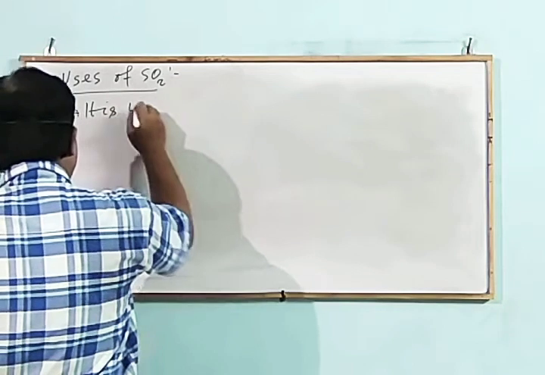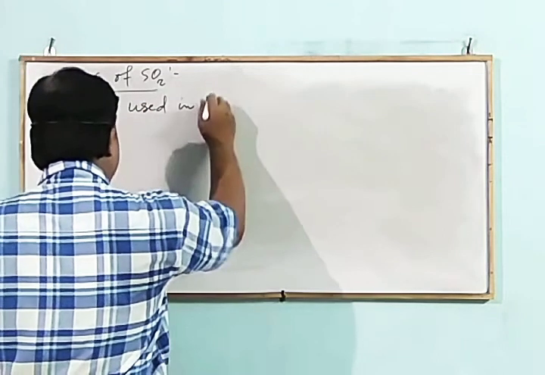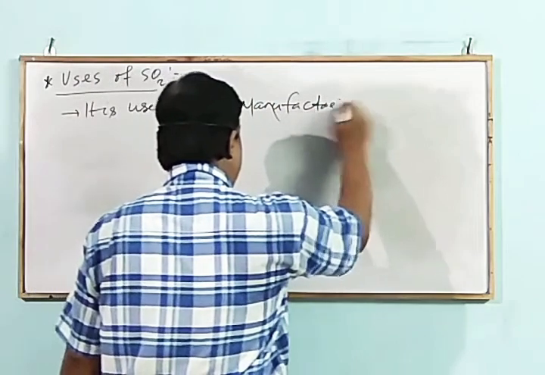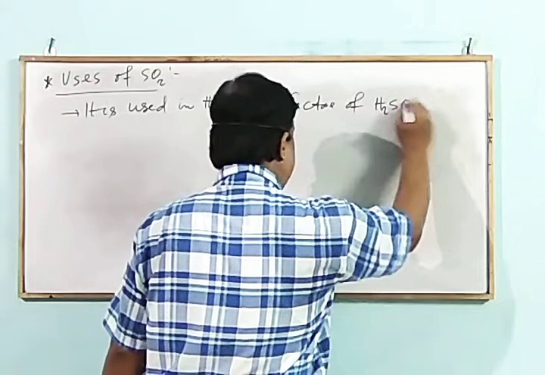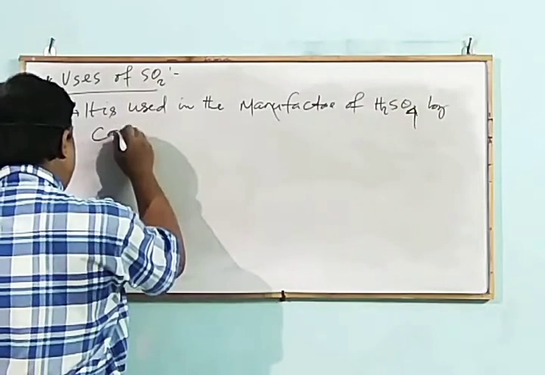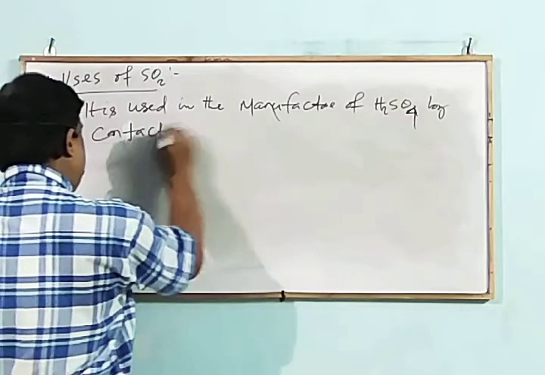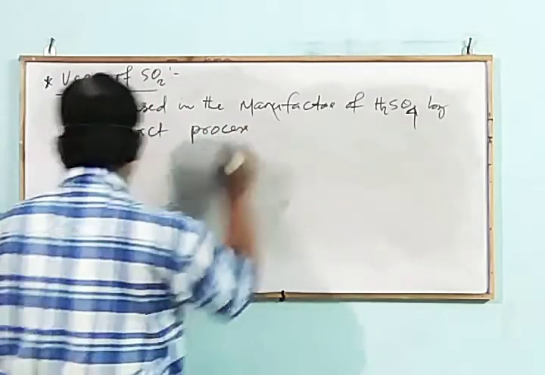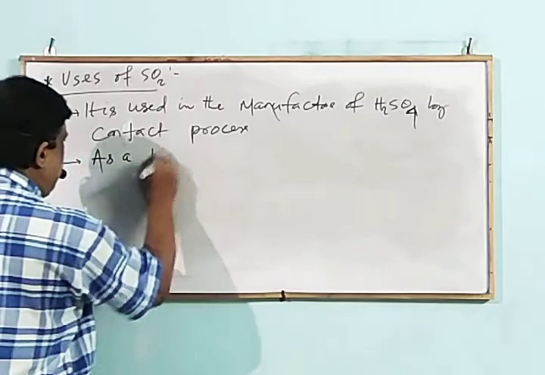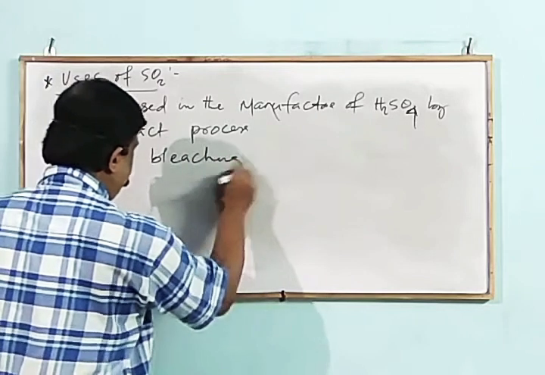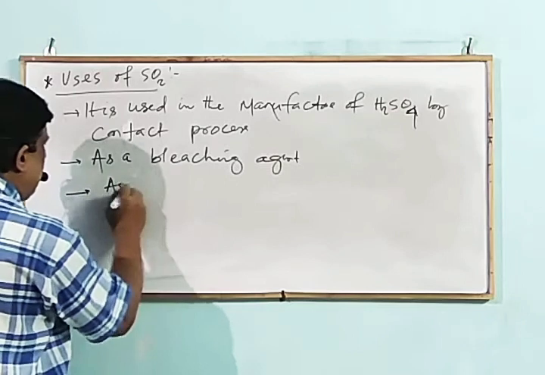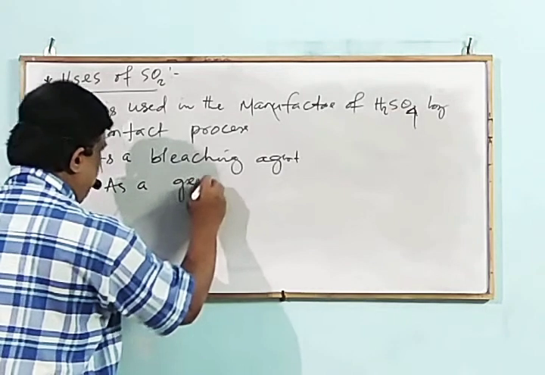It is used in the manufacture of sulfuric acid by contact process. Next, it is used as a bleaching agent. Next, it is used as a germicide.